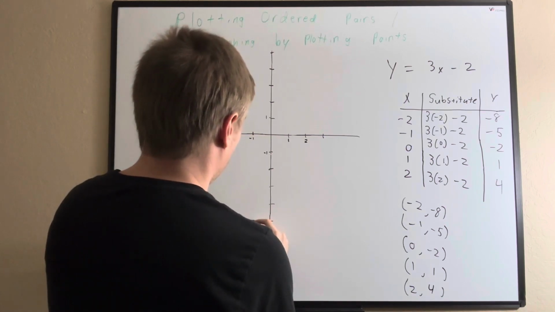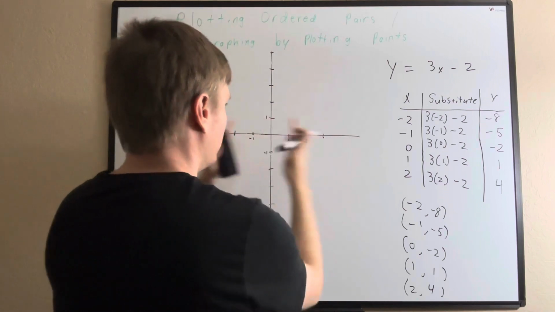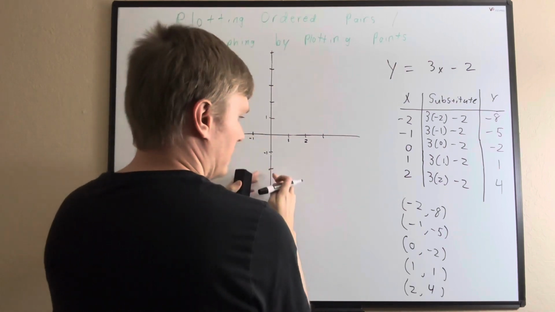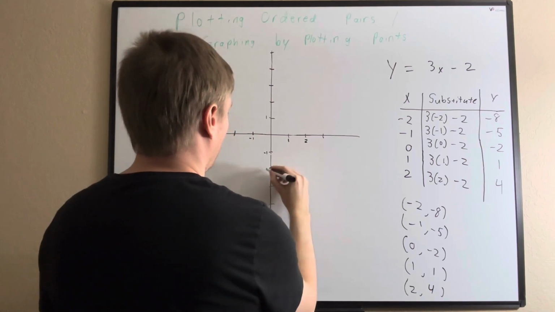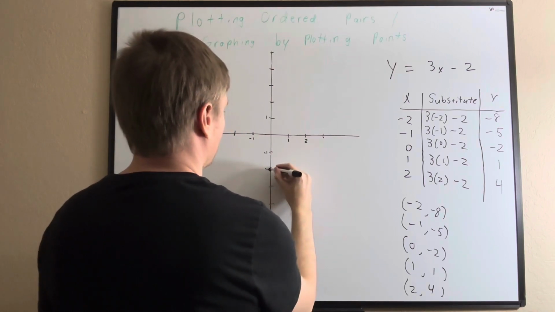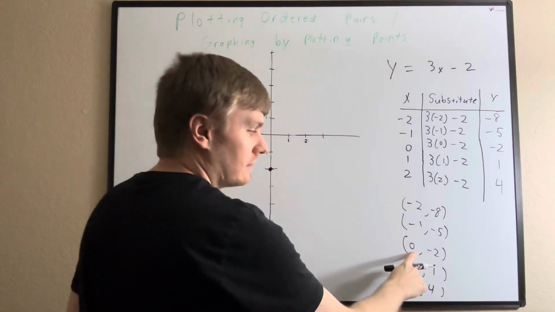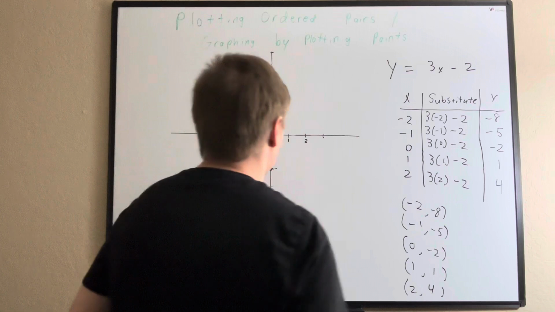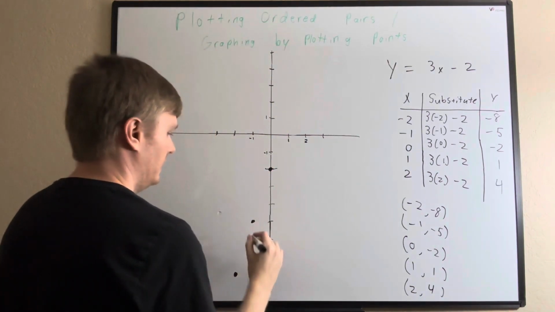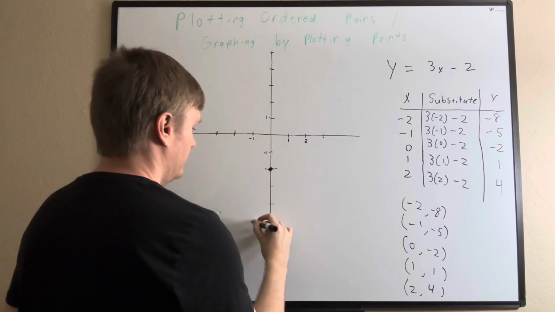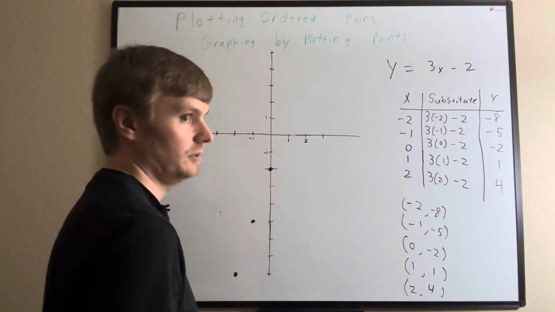Right there's a good spot. 0, -2. Well, 0 means we don't move left or right. We just go down 2. We're right on the y-axis there. Interesting. If you're on the y-axis, x will be 0, always. And vice versa. If you're on the x-axis, then y will be 0.